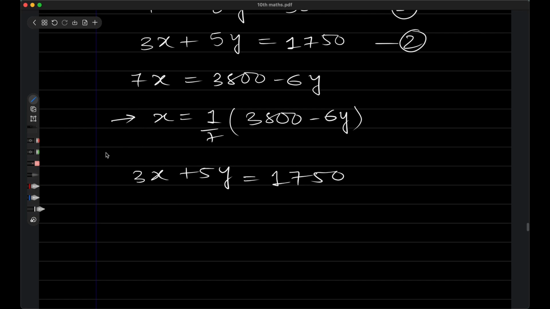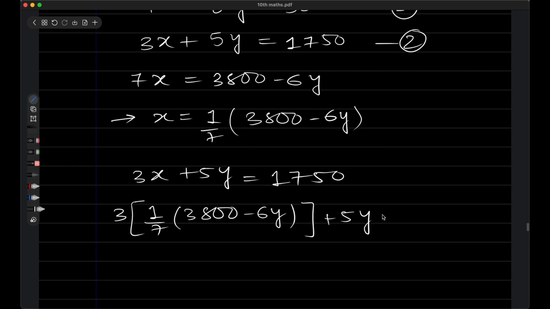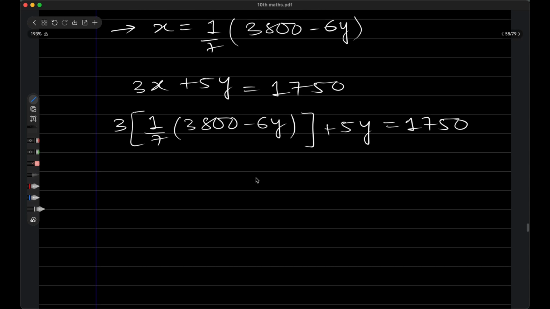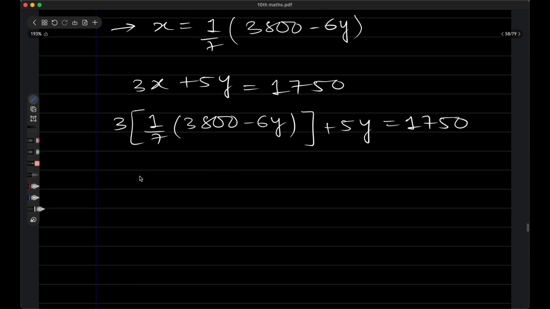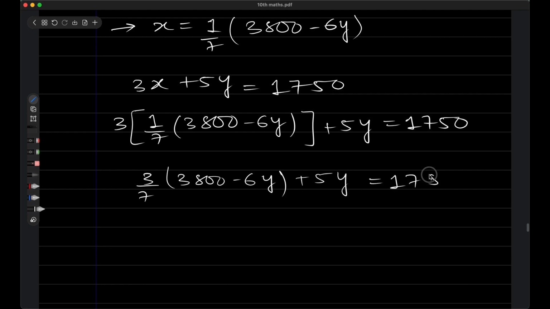Value of x is 1 upon 7 in bracket 3800 minus 6y, so 3 by 7 in bracket 3800 minus 6y plus 5y equals to 1750.